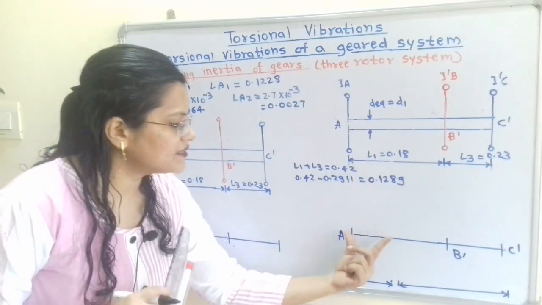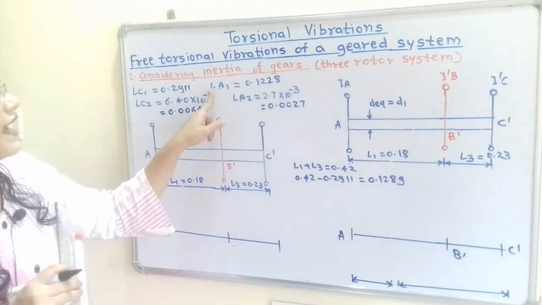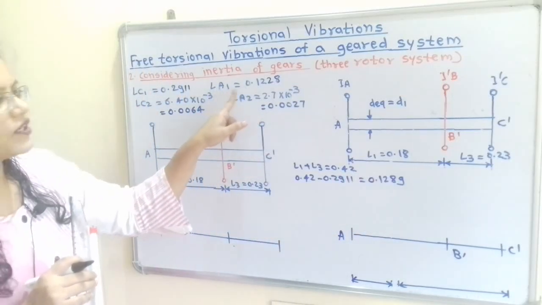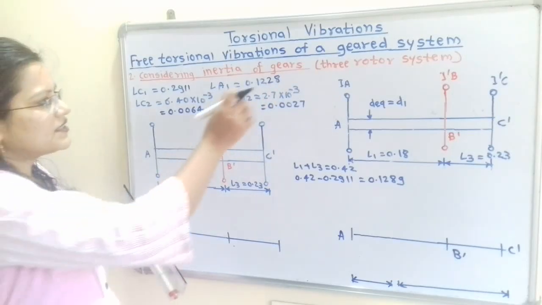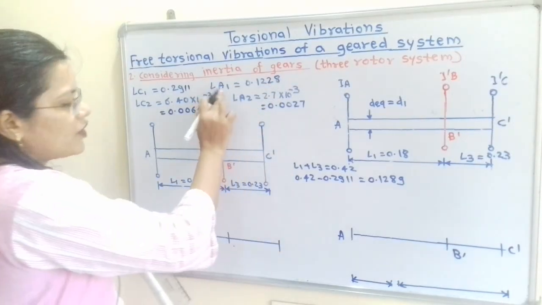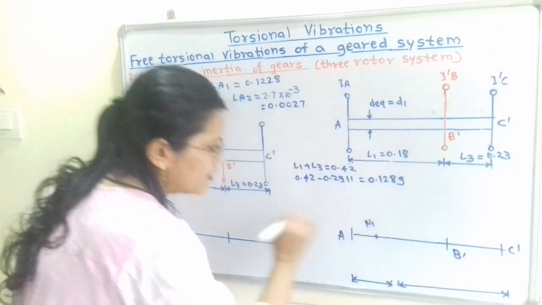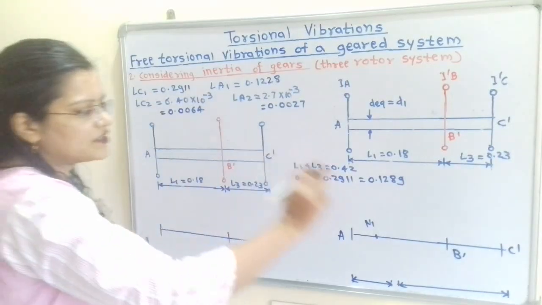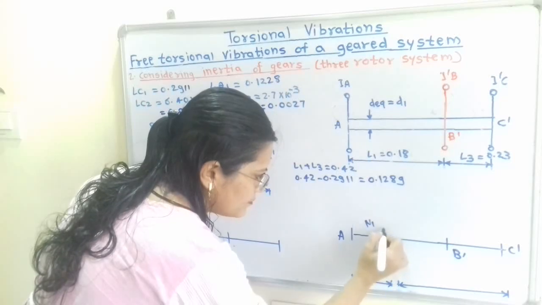So the remaining distance from the rotor A is 0.1289 and the node position from the rotor A is 0.1228. That is, this is the smaller distance. So for LA1 the node position is here, that is point N1, and from LC1, that is from C dash, the node position is here, that is N2.